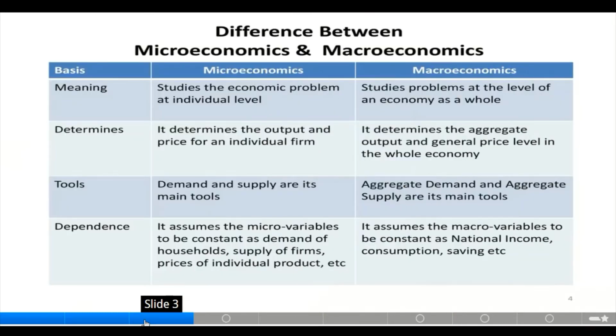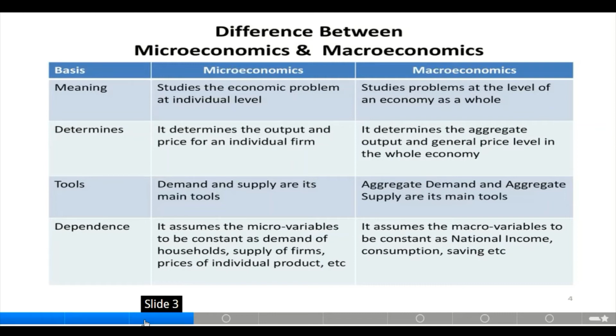Moving to the next slide, where we have the difference between microeconomics and macroeconomics. Based on the meaning, microeconomics is the study of economic problems at the individual level, as it was defined earlier, while macroeconomics studies problems at the level of an economy as a whole.